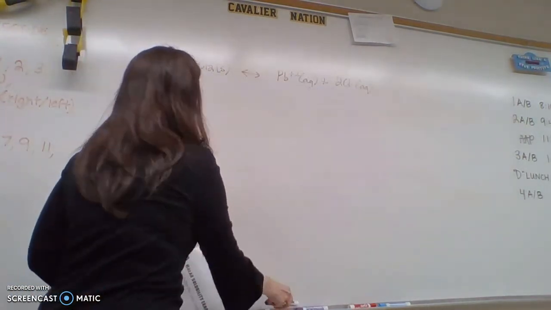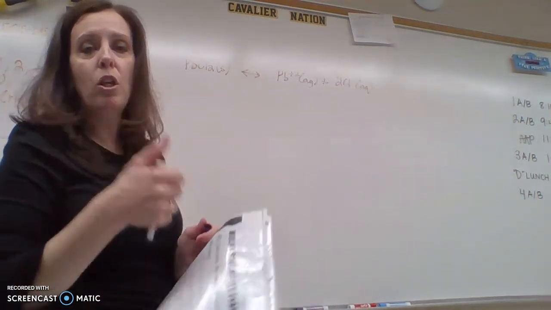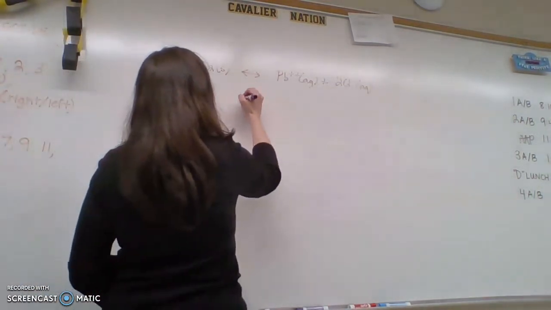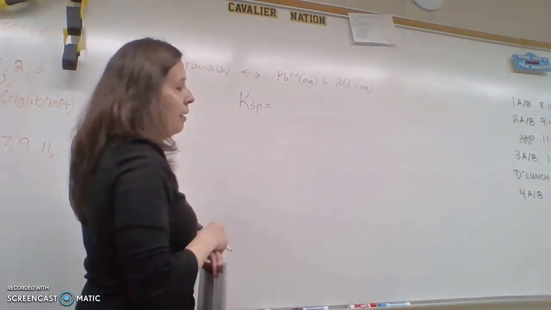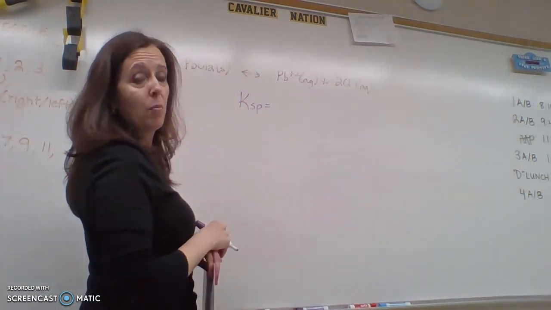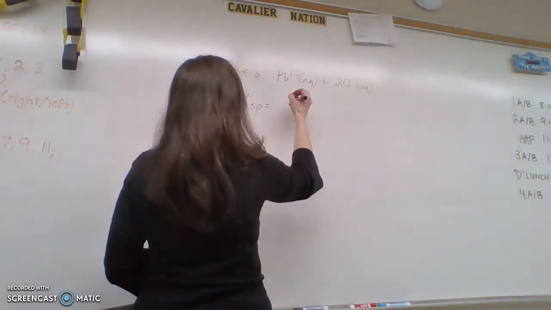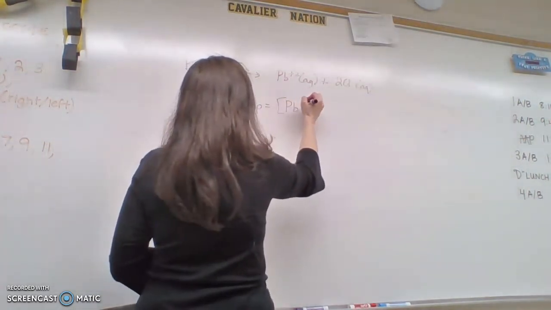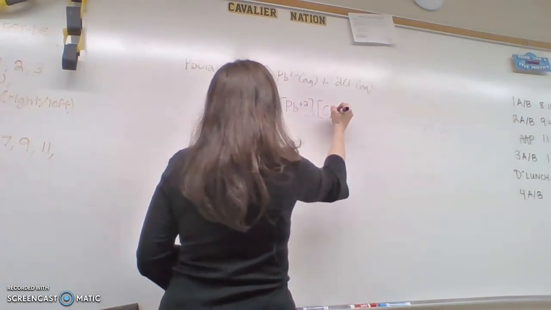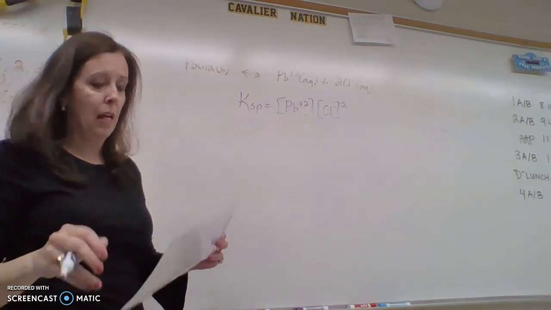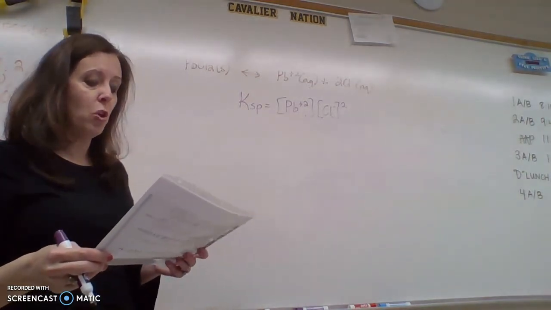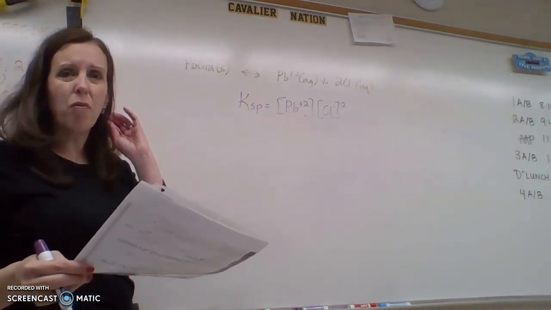Now, when you go to write what is called the solubility product, it is products over reactants, but it's pretty much just going to be what's on that side. Now, if you look in your textbook, you get the values for several of these.